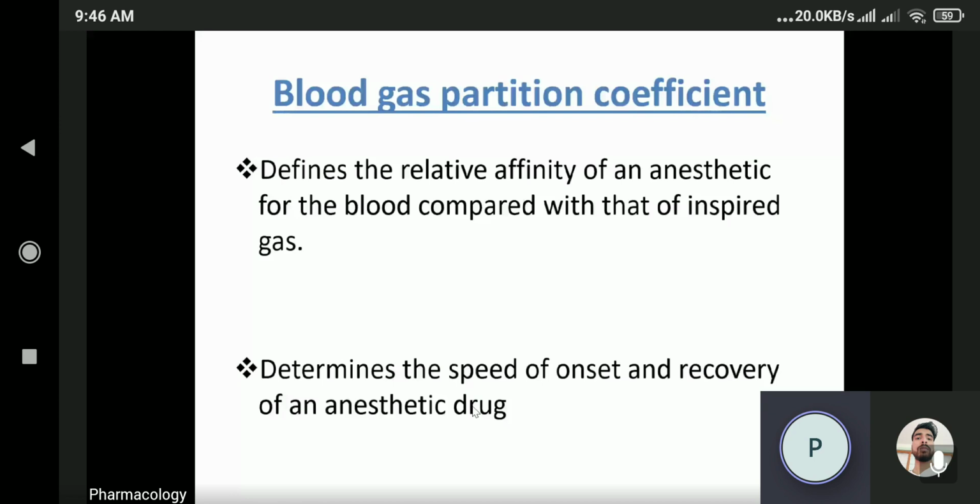As you remember the pathway that I have shown, from the inspired gas mixture they enter the alveoli, and from the alveoli they go to the blood compartment. So it is the relative affinity of an anesthetic drug for the blood compared to that of your inspired gas. This is a very useful index which will determine the onset of action for any particular inhalational drug.